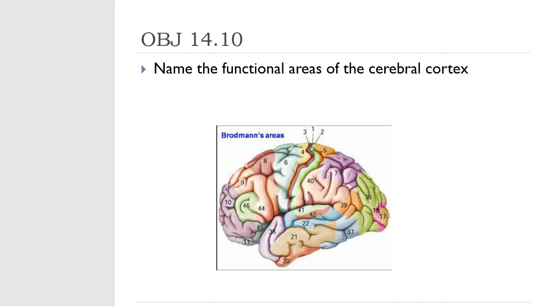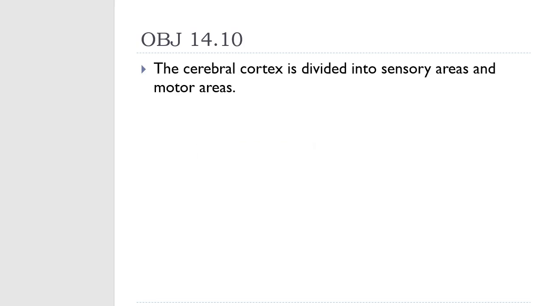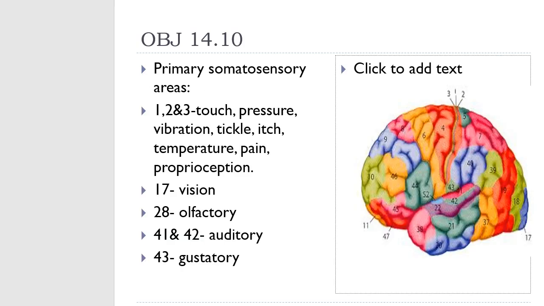Now, let's look at the functional areas of the cerebral cortex where a higher level of thinking occurs. So what we know is that it's divided into sensory areas and motor areas. We were saying before how the words sensory and afferent are used continuously. They switch them back and forth. And motor areas and efferent areas are used interchangeably.